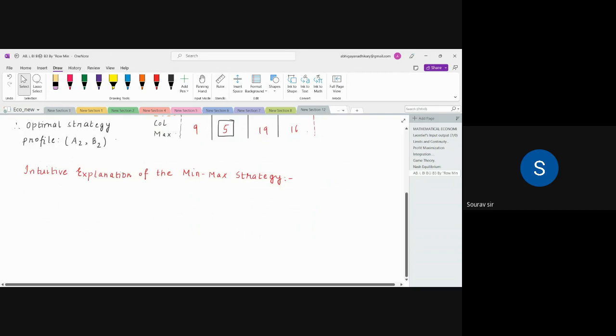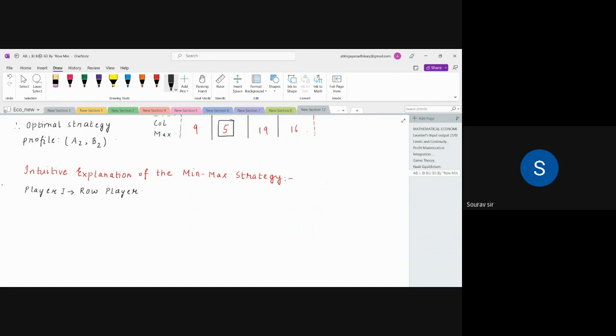Let me write down the two settings. Player 1 is the row player, and player 2 is the column player.